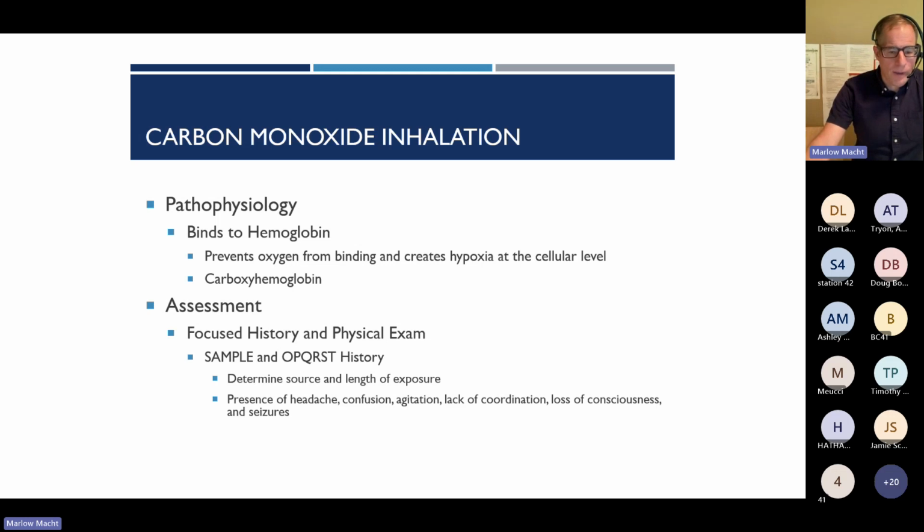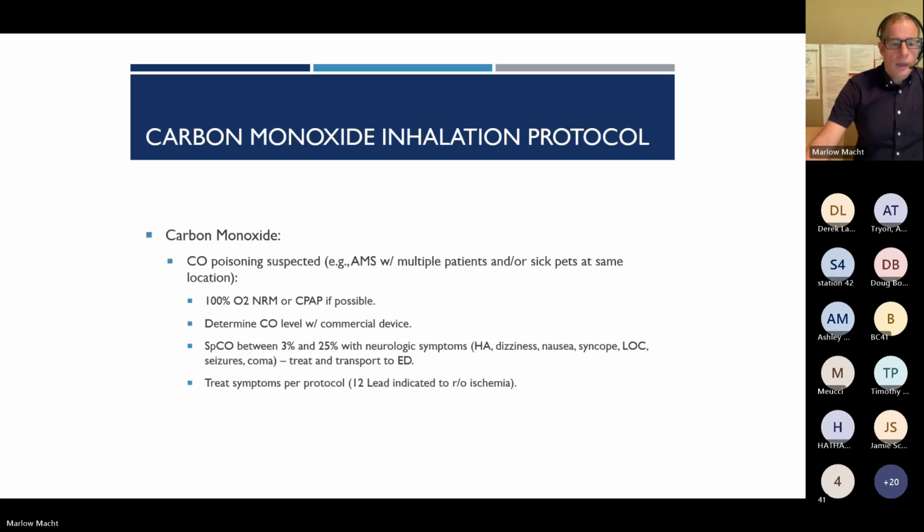If you have the option of monitoring carboxyhemoglobin, that's the helpful thing to follow. Obviously, getting a reading on what the concentration of CO is at the site is very helpful. So remember to consider it with multiple patients and or sick pets at the same location.